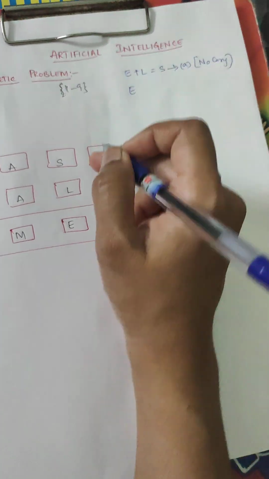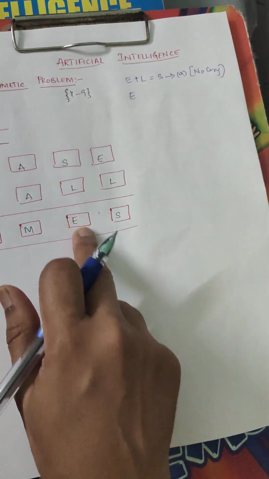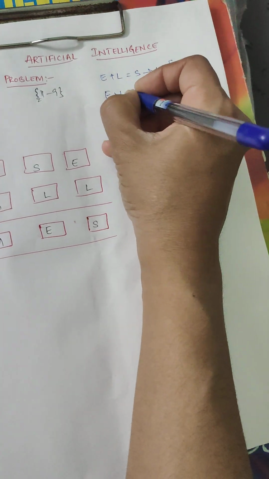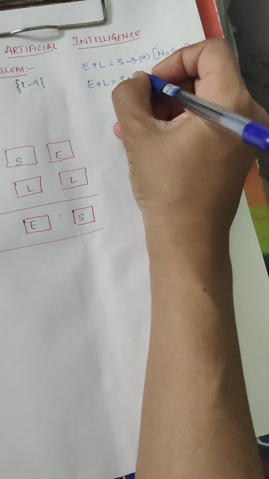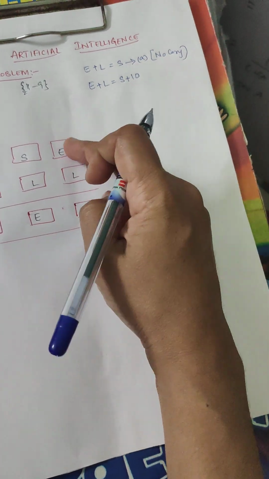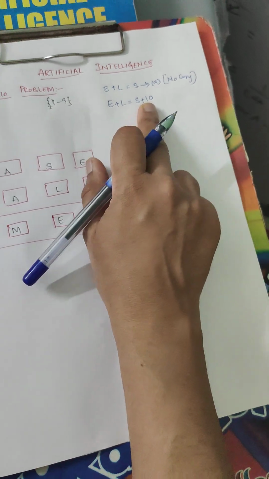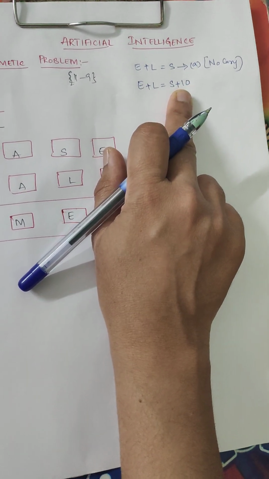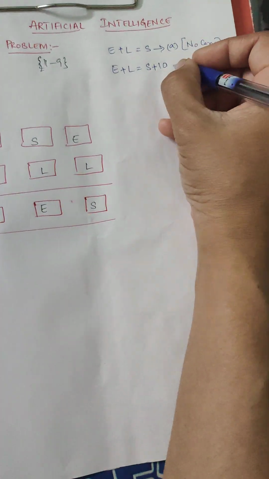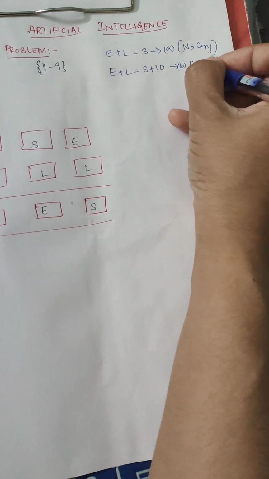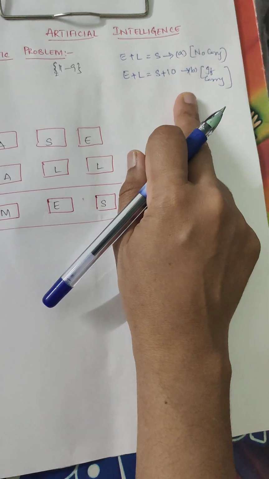If suppose there is a carry supplied onto this next equation, then how could it be? E plus L is equal to S plus 10, because 10 is the number which will supply the carry, a two-digit number we can say. Fine, so that is the reason we have added plus 10. So let this be equation 2 if carry is available.